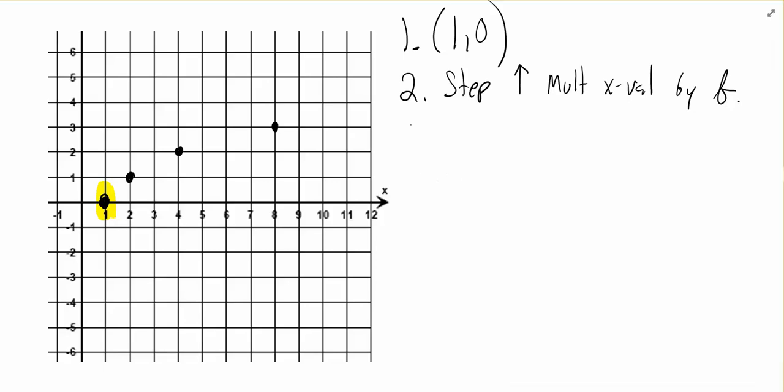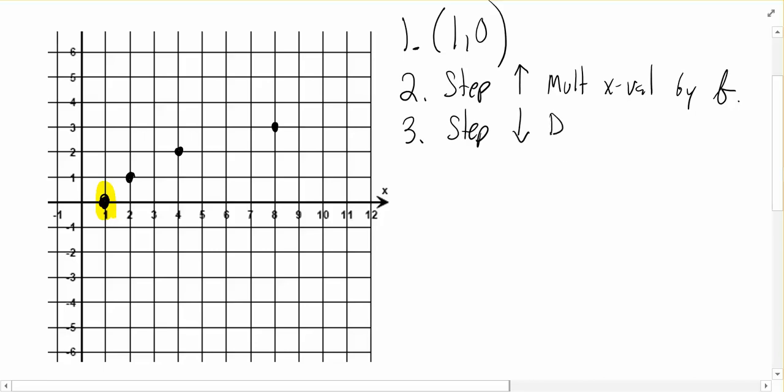Because then my third step says if you want to take a step down, then divide the x value by the base, which in this case, remember, our base is 2 for this problem.